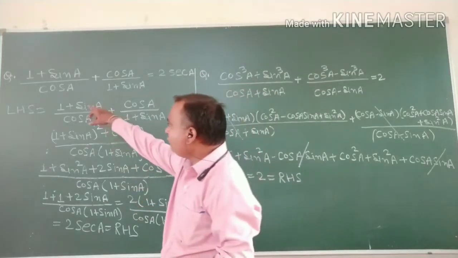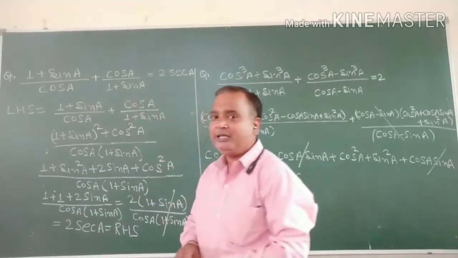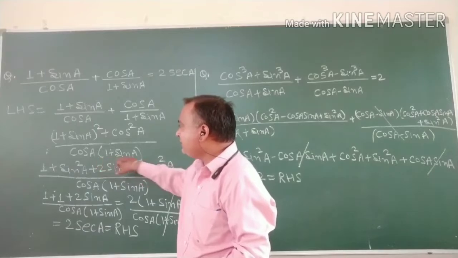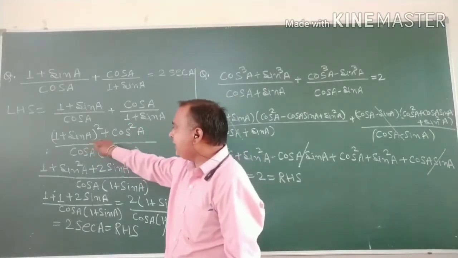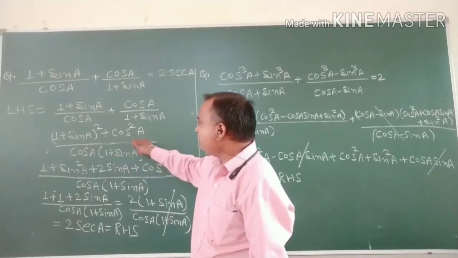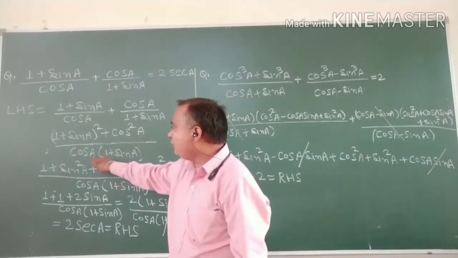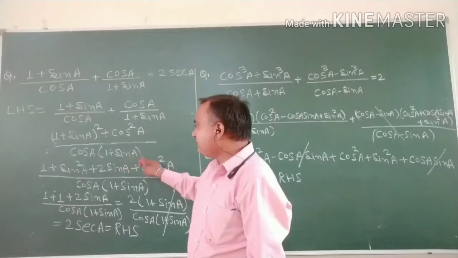So the LCM of cos A and 1 plus sin A is cos A into (1 plus sin A). Now when we simplify, it will be (1 plus sin A) whole square plus cos square A upon cos A into (1 plus sin A).